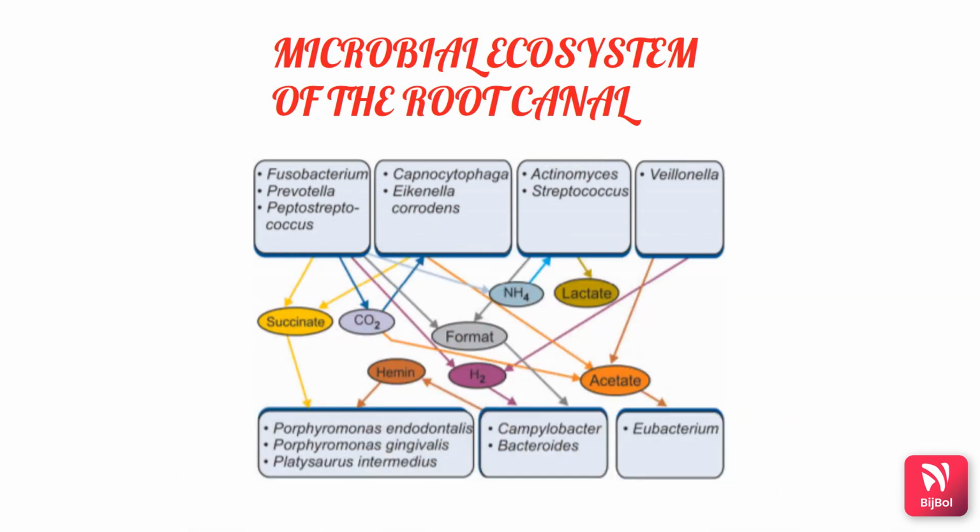And if you see here, we have certain bacteria and their interrelationships, which are the key factor for the growth of one bacterial species to another bacterial species. And these all occur under low oxygen tension from the necrotic tissues. These are the certain bacteria which we can see here.